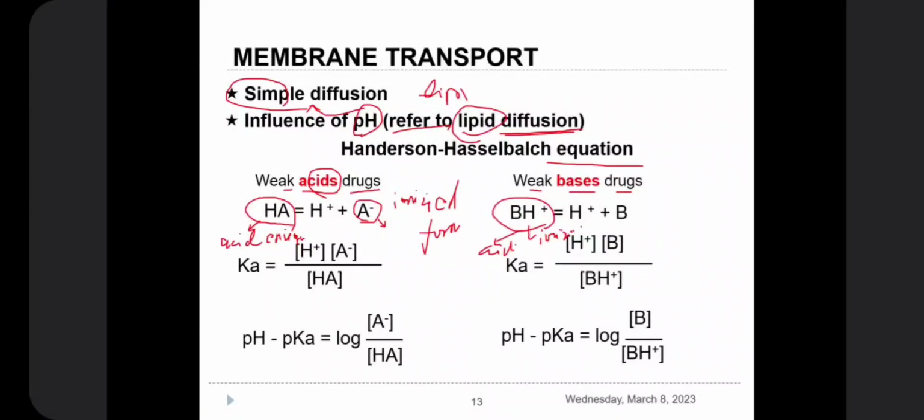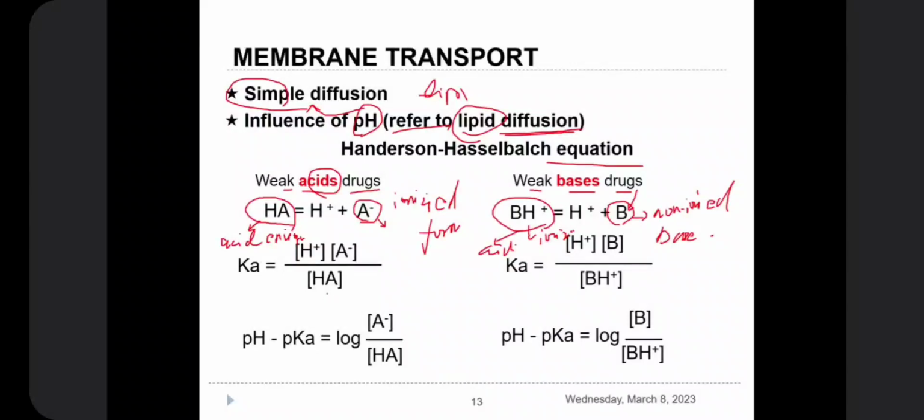And when the drug comes to the base environment, the major form is B. B is a molecular form, a non-ionized form. So they have different abilities in different environments, in the base environment and in the acid environment.